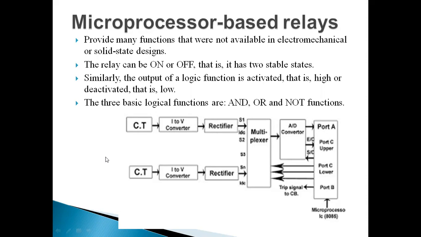Here, first, when we are using this relay, we are using a current transformer. This current transformer is connected to the transmission line or whatever device is to be protected. That may be a transmission line, any equipment, or we can also consider distribution lines.